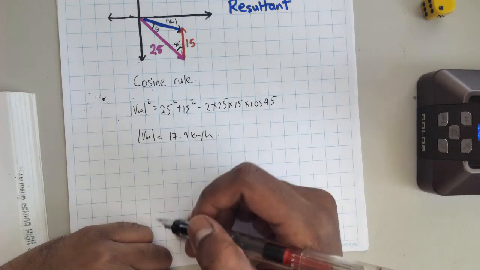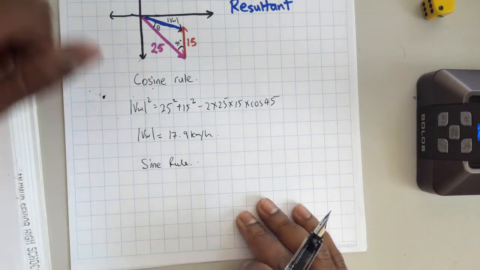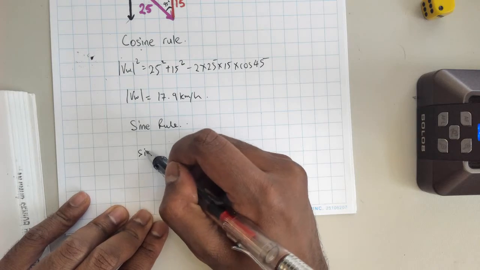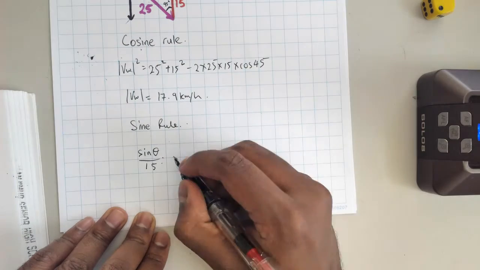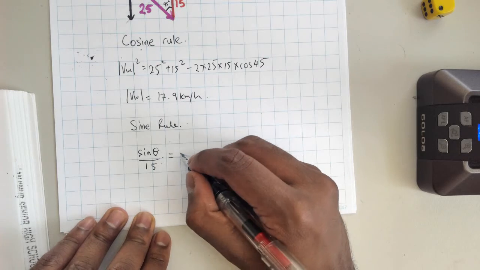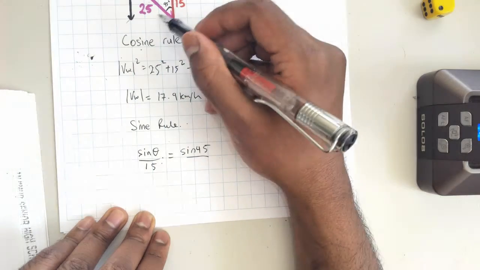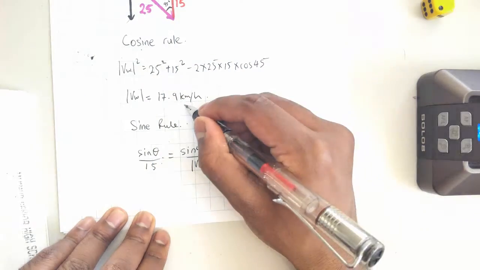Let's use the sine rule. I like the sine rule. It's nice and easy. Let's see. So we got sine theta over 15 equals sine 45 over our newly found magnitude of 17.9.